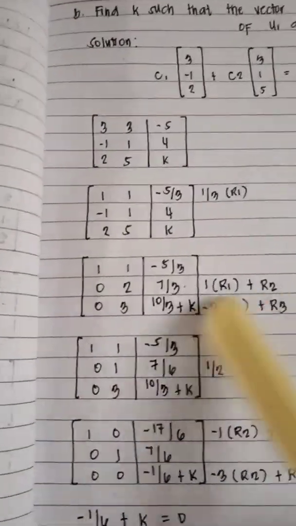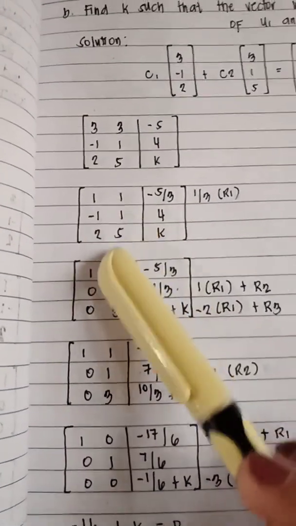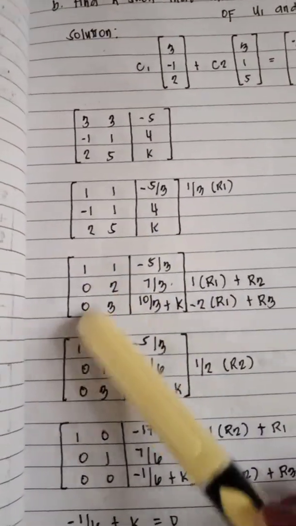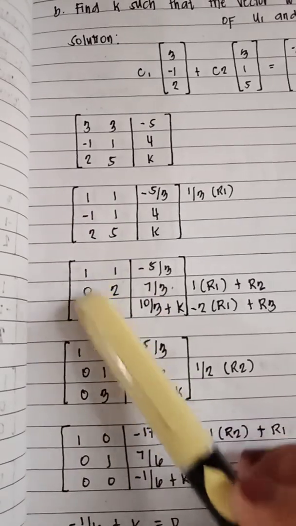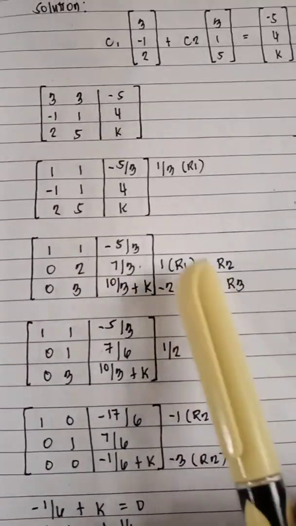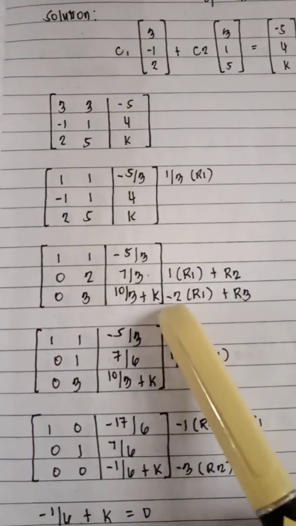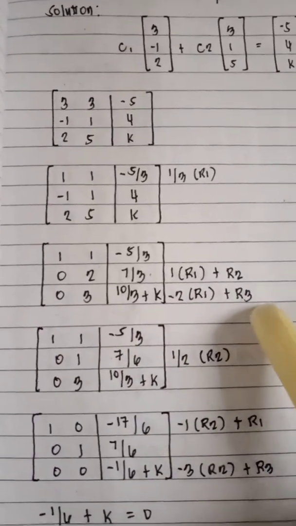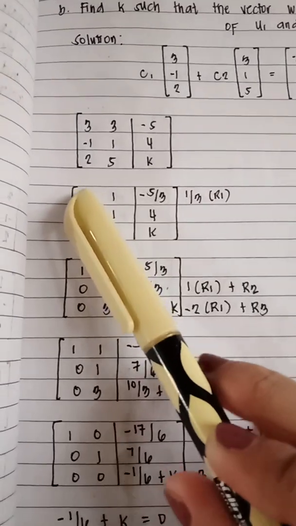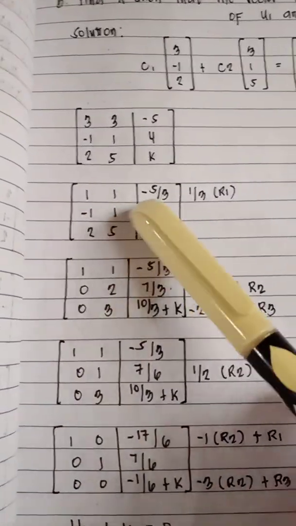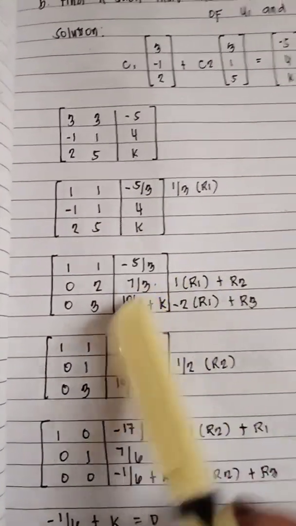Next, we will make this -1 and 2 into 0. In order to do that, we will use the formula 1 times R1 plus R2, and for row 3, -2 times R1 plus R3. We will just copy row 1, which is 1, 1, -5/3.